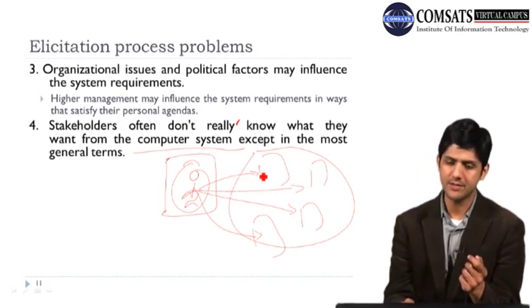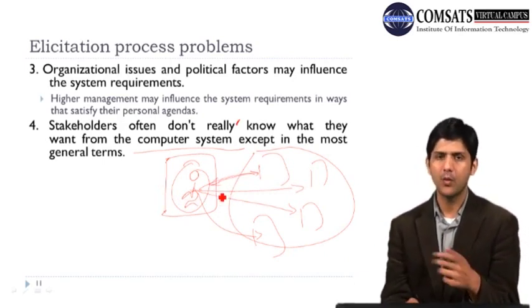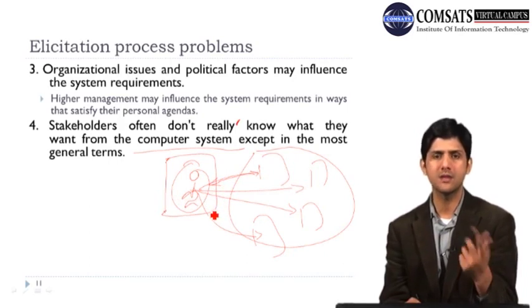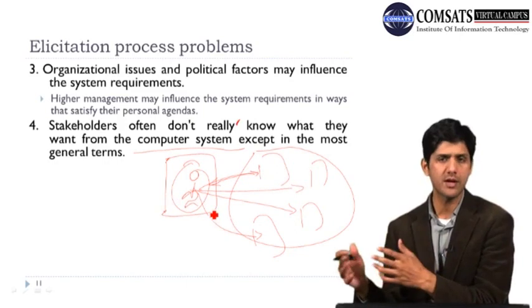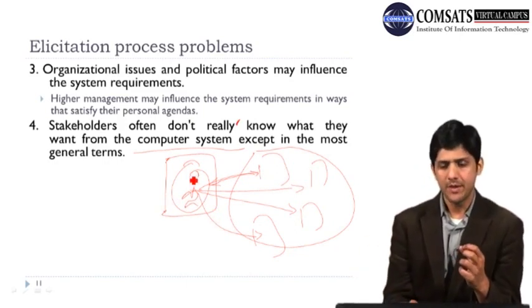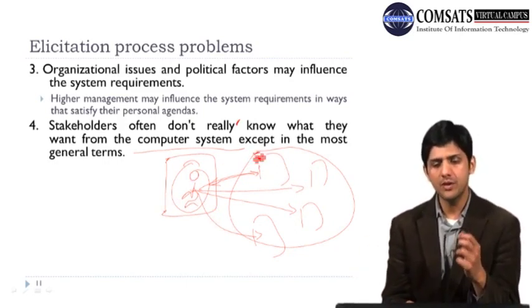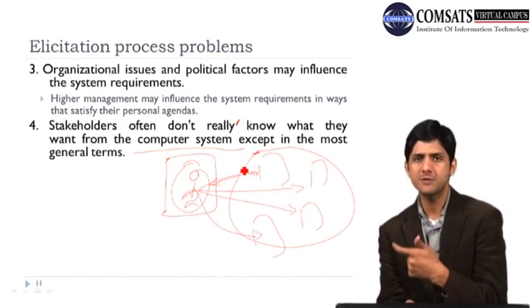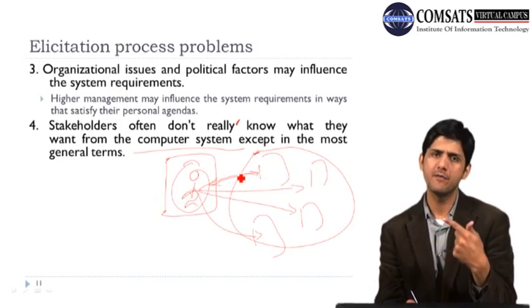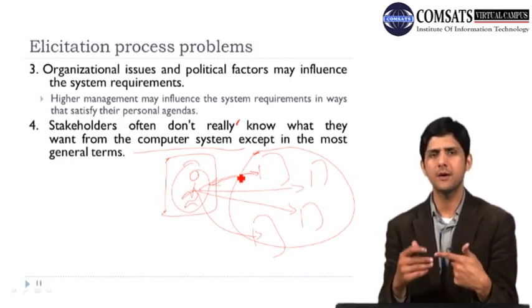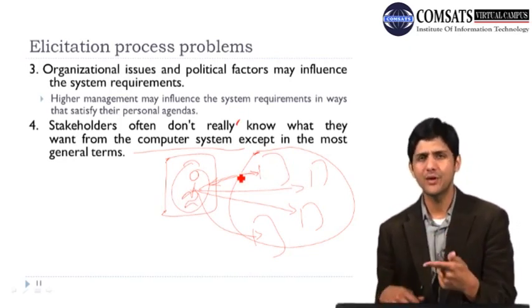So all this guy is interested in is what his expenses are, what the income is, how many rooms are filled, and what the stock is in a particular guest house, and all these things. So he would be able to give you information from his perspective, from his knowledge of his business, whereas he will not be very suitable to tell you what he actually wants in the computer system.